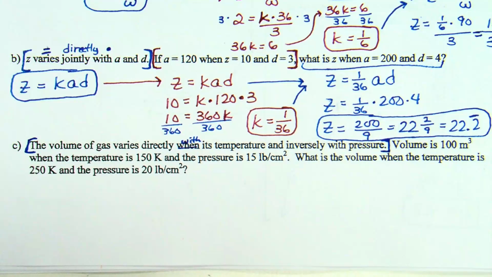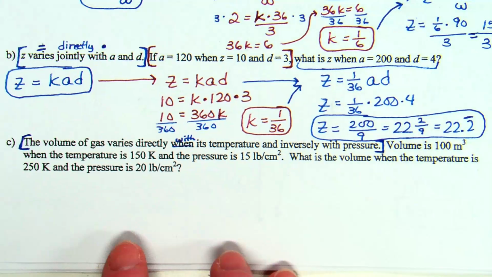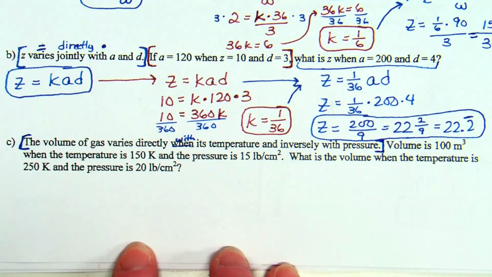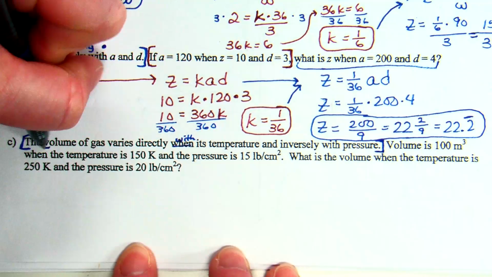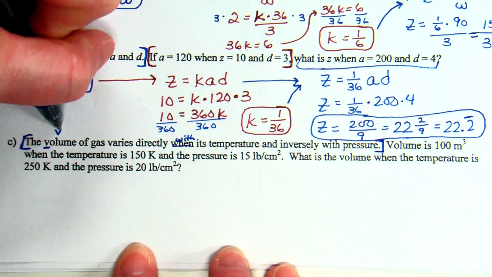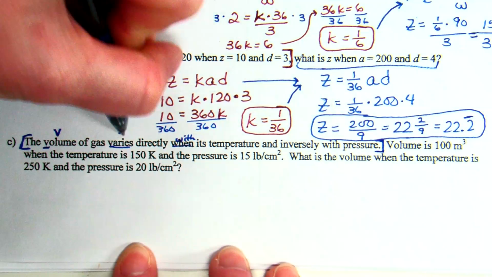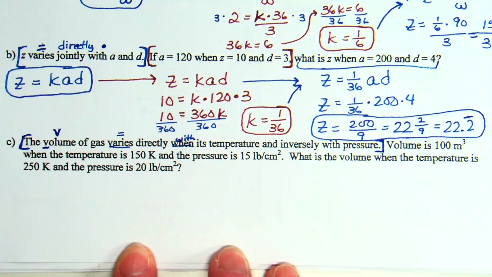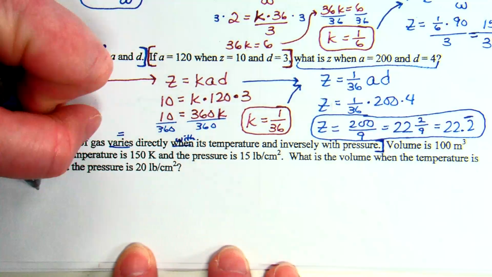The volume of gas varies. Thoughts? V equals, okay, volume of gas varies, so V equals directly with temperature. So what's directly with temperature say?